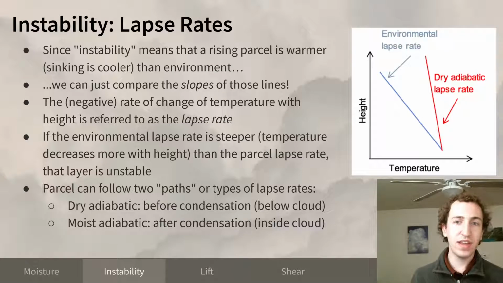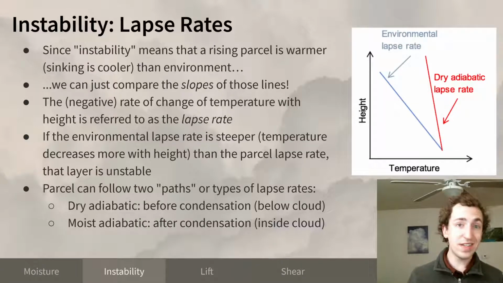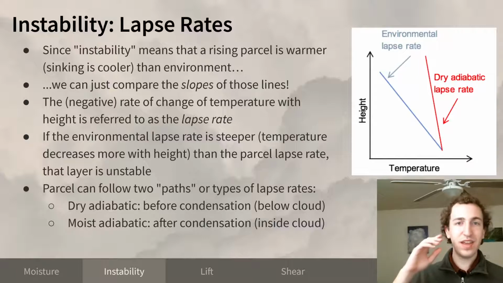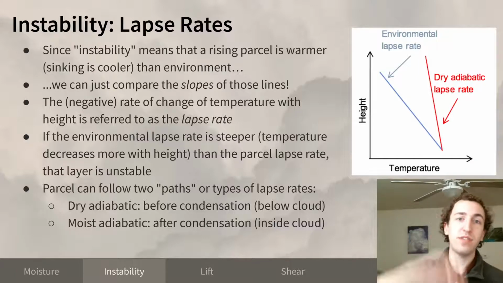We can actually think about these as lines for at least some layer of the atmosphere and compare the slopes, because we consider a parcel to not just be something on its own, but it originates from a particular point in the environment and then travels off from there.